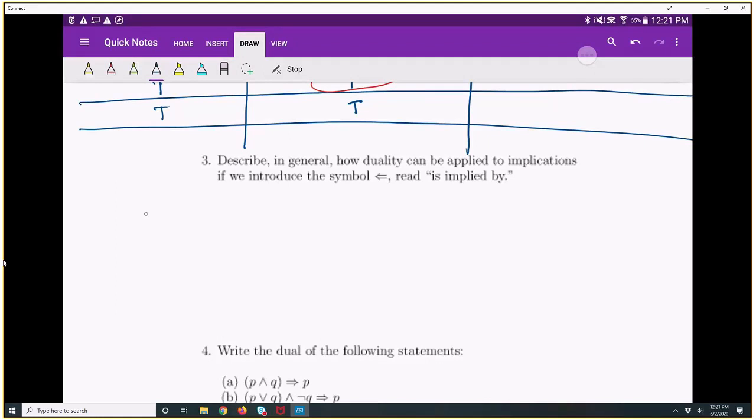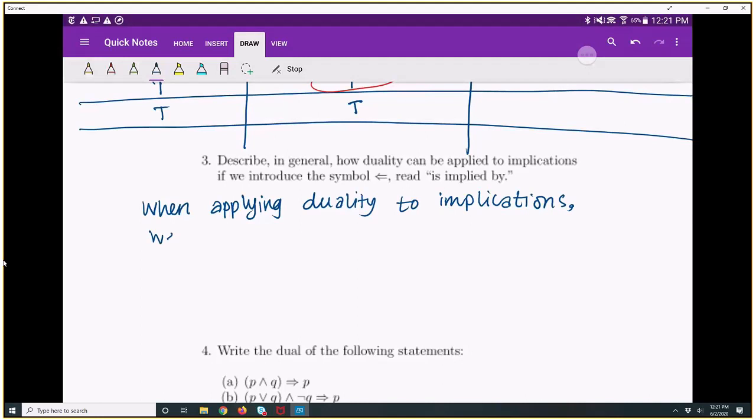So when applying duality to implications, we have to take the converse, or change the direction of the arrow.